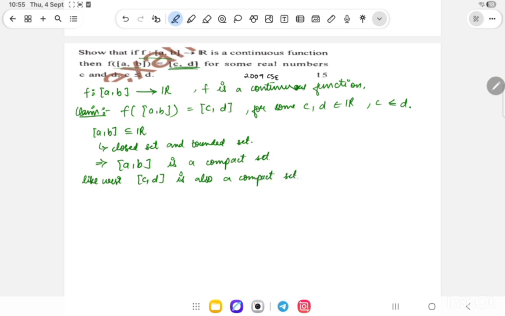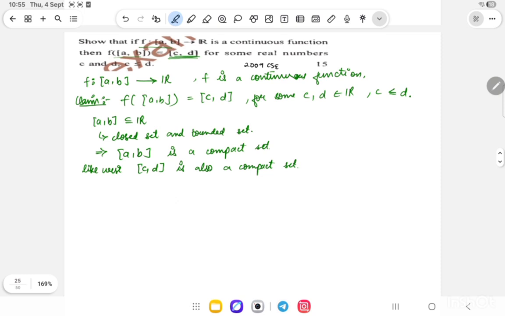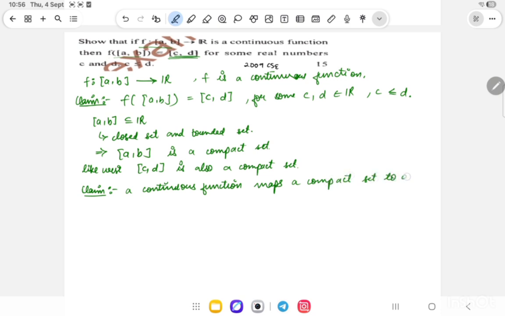So my question reduces to the following: our claim is that a continuous function maps a compact set to a compact set.